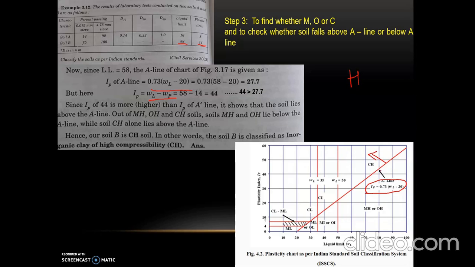So since the soil falls above the A line, we can confirm that the soil is CH. That means it is inorganic clay with high compressibility, so we use the letter C. Hence we confirm that the soil can be classified as inorganic clay of high compressibility. So this is how we can classify fine grained soil. Thank you.